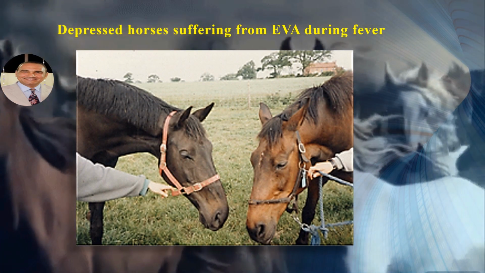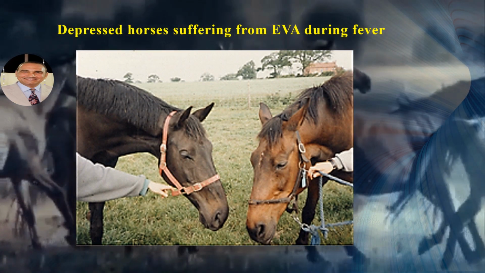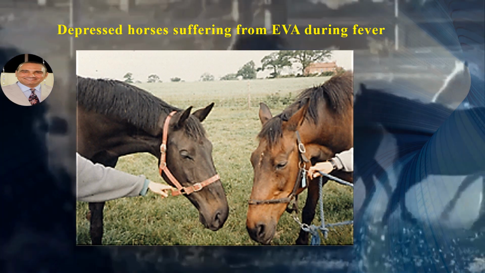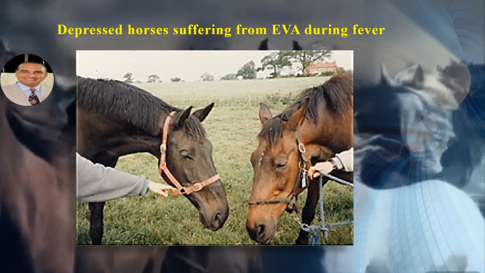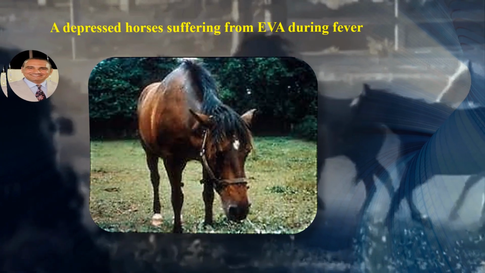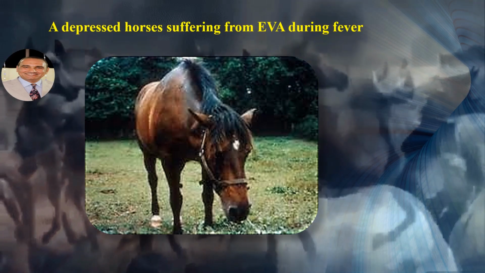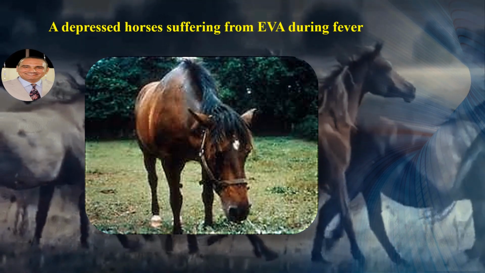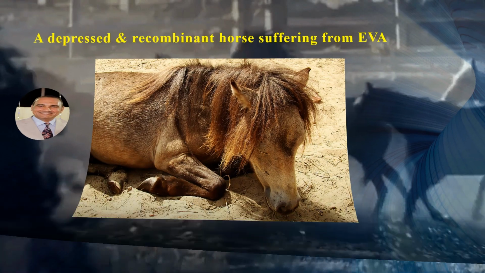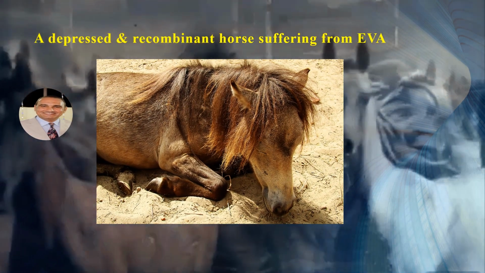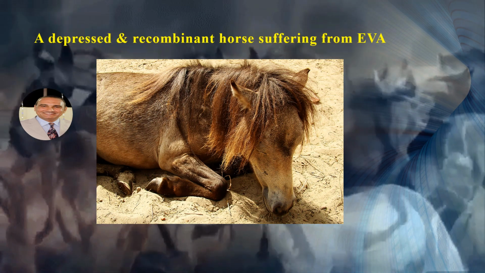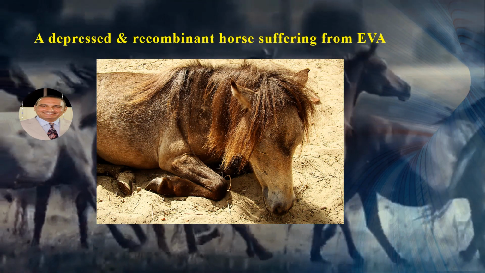A picture of depressed horses suffering from equine viral arteritis during feverish conditions. A depressed horse suffering from equine viral arteritis during fever. A depressed and recumbent horse suffering from equine viral arteritis.